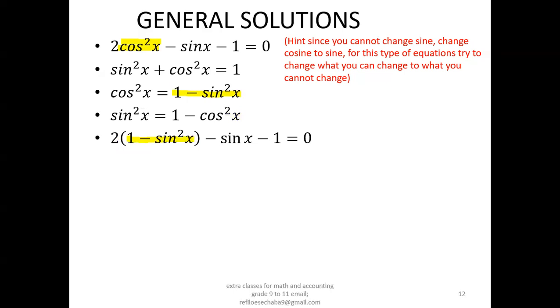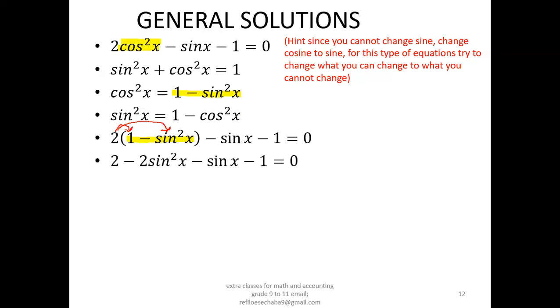Now the 2 outside the bracket is multiplied with the bracket, so I need to multiply the bracket out with that 2. When I distribute that 2 inside the brackets, I will have 2 times 1, which is 2, and 2 times negative sine squared x gives me negative 2 sine squared x.